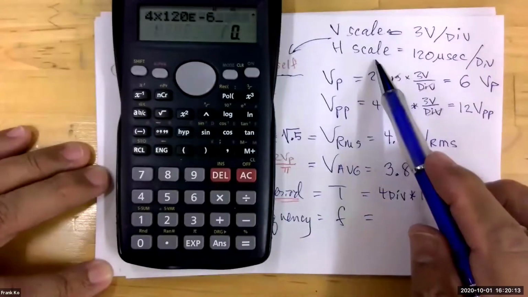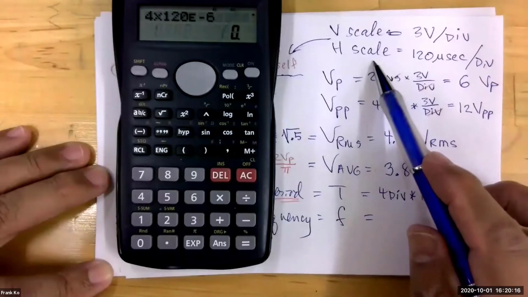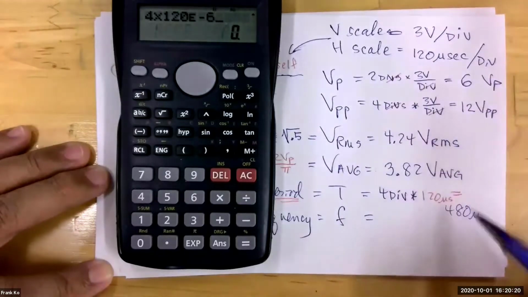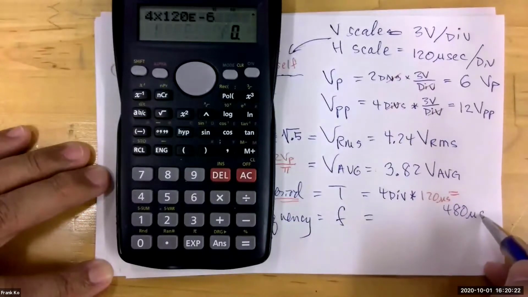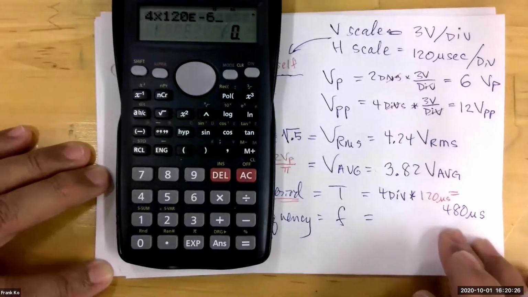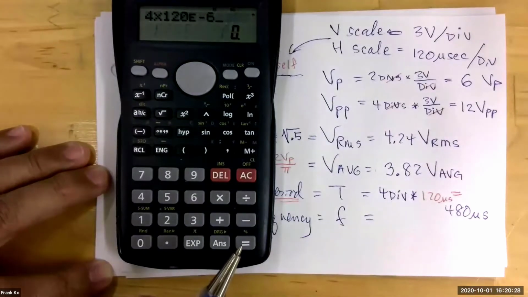Look at your H scale up here. The H scale was in units of microseconds, so this works out to be 480 microseconds, which is a lowercase s. Is everybody okay with that value for 480 microseconds? So far, so good? Excellent.